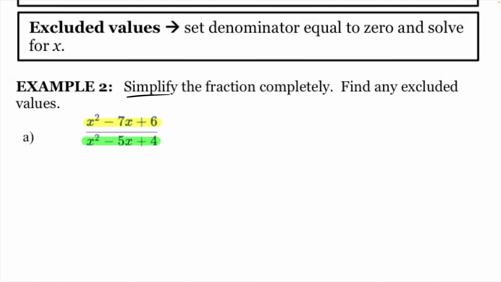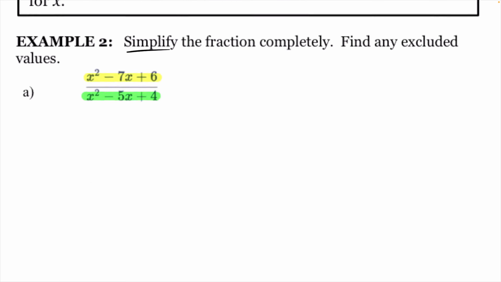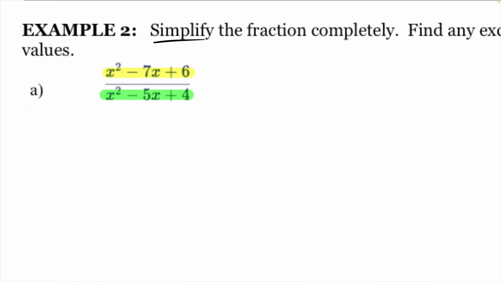Anytime we reduce binomials or trinomials, the first step we always do is factor them first. So we're going to factor the yellow and the green. Okay? So let's start with the yellow. So the yellow is x squared minus 7x plus 6.